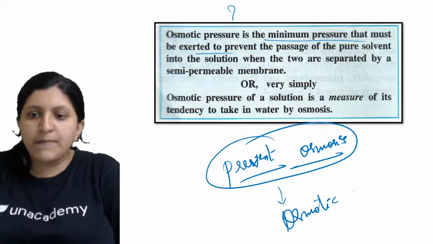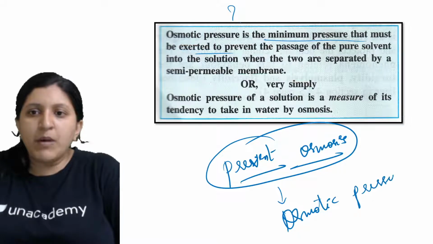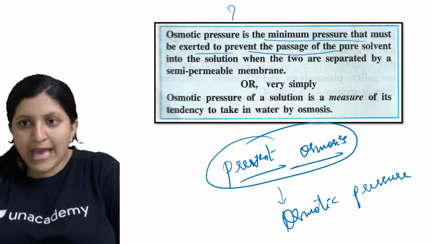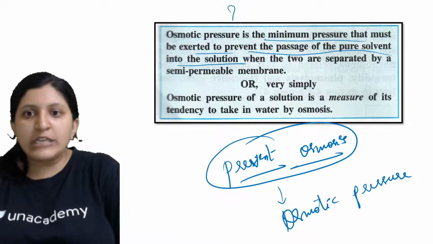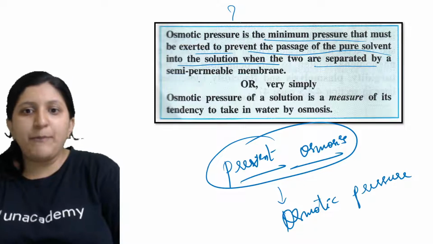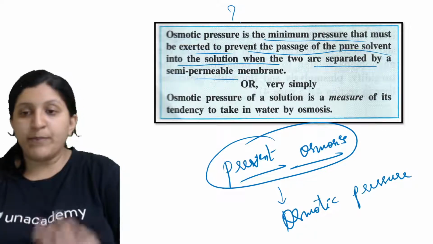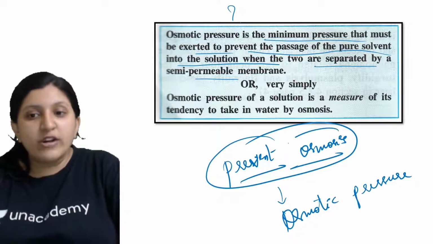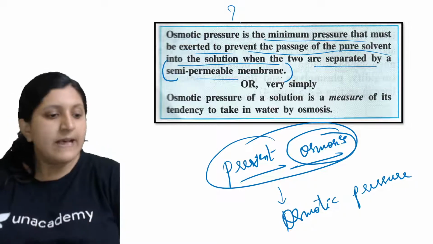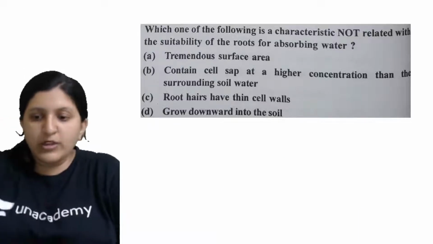It is the minimum pressure that must be exerted to prevent the passage of the pure solvent into the solution when the two are separated by a semi-permeable membrane. Whenever we talk about osmosis, there is always a role of a semi-permeable membrane. We'll see these questions later.